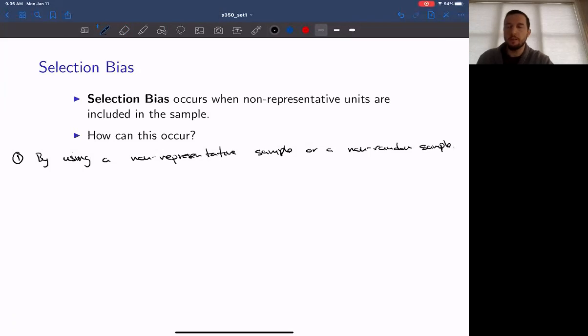Basically, this can happen if you want to collect information about a target population, but you only talk to your friends, or if I want to collect information about McEwen students, but I only talk to you guys. This kind of idea can lead to non-representative or non-random samples.